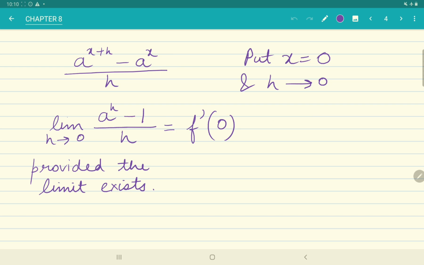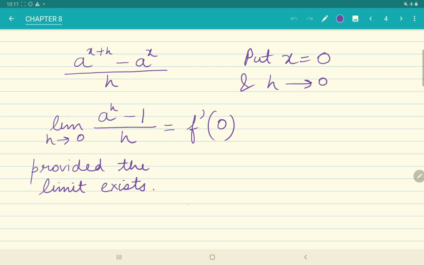F prime 0 is this: limit h tending to 0, a raised to the power h minus 1 divided by h. That is equal to f prime 0, obviously provided the limit exists.